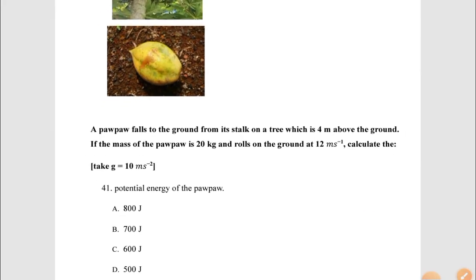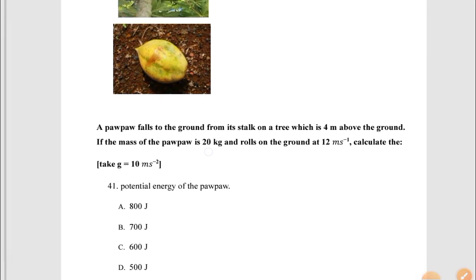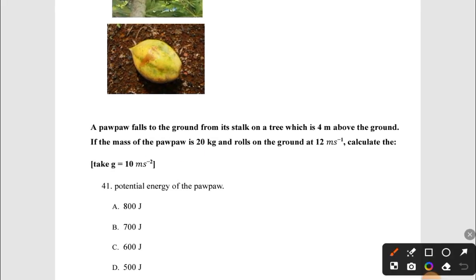So a pawpaw falls to the ground from its stalk on a tree which is 4 meters above the ground. If the mass of the pawpaw is 20 kilograms and it rolls on the ground at 12 meters per second, calculate the potential energy of the pawpaw.